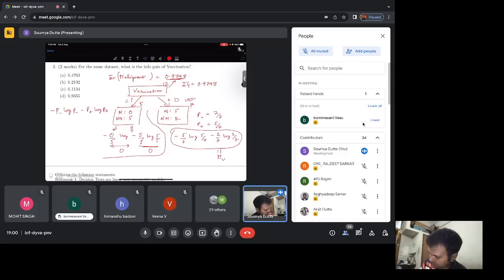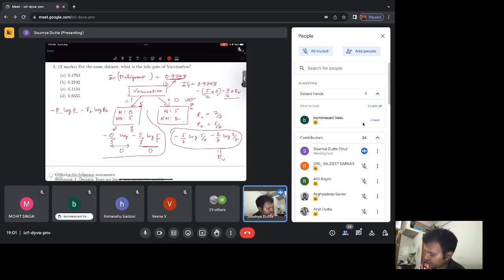0.9798 minus, so the first part is anyway 0, but if you had written it, it would be 5 by 12 into 0, because you are taking a weighted average of these two nodes, minus 7 by 12 into this EV. Whatever this EV comes out to be, you multiply it with the probability of a sample ending up in this particular node, which is 7 by 12.